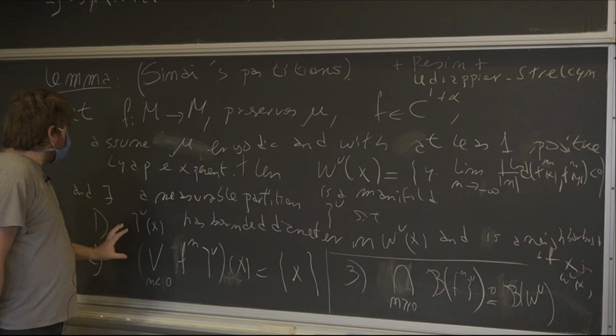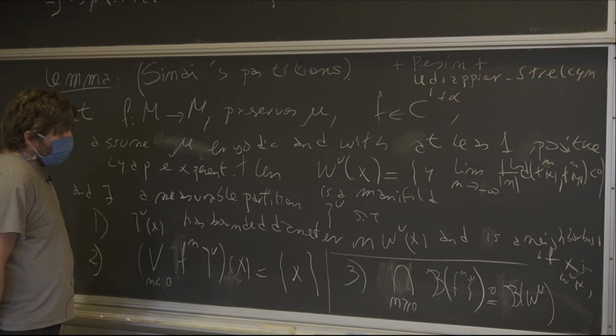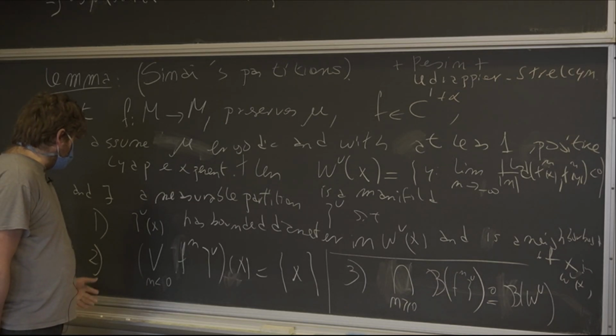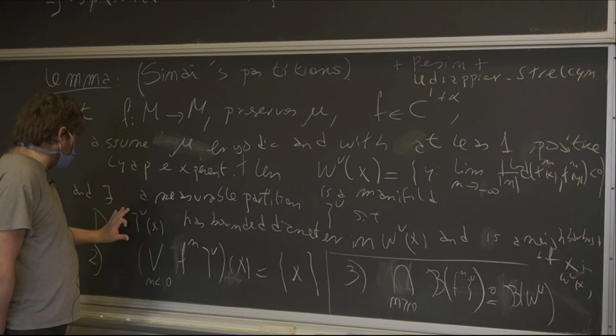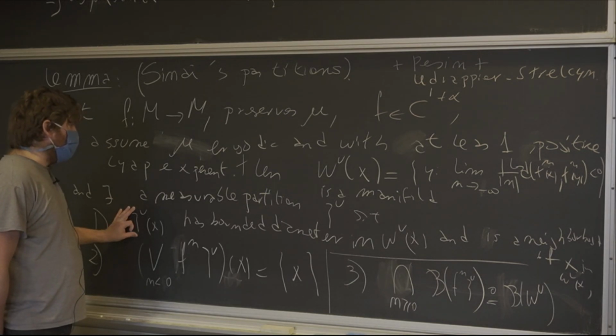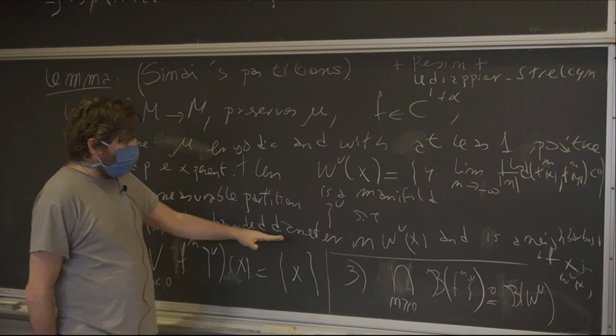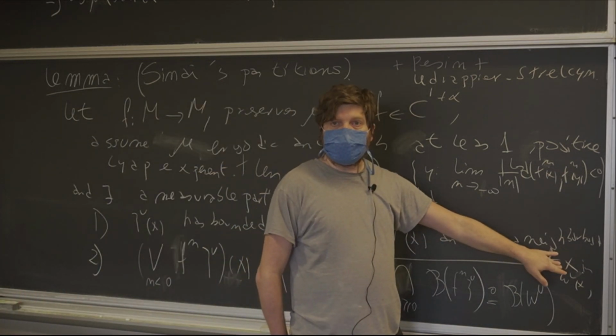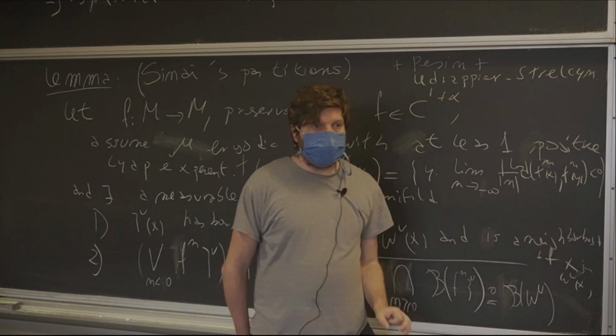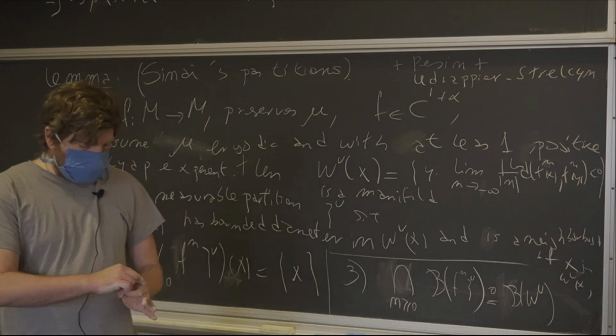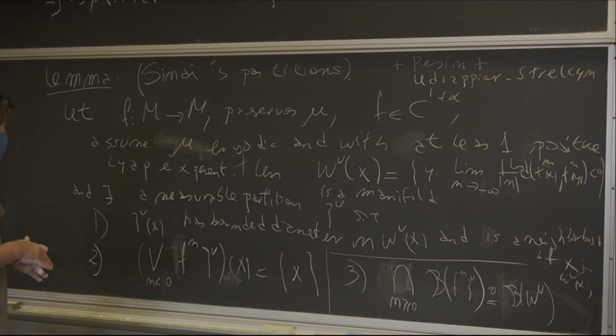So that's what Sinai is constructing, and all are important statements, but the most important is this fact of being a neighborhood of x. Okay, so that the atom is essentially a ball around x.